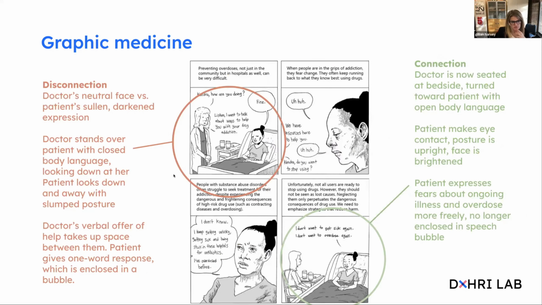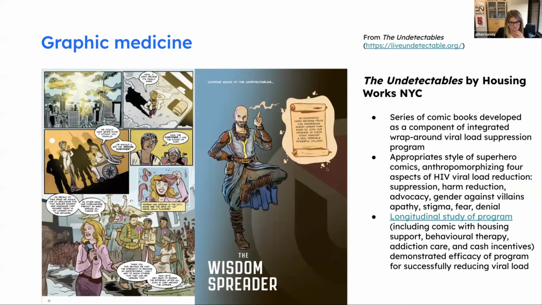Here's just an example of how you can see the disconnection in the first frame, and then a connection that's formed as the doctor and the patient come together in the last frame. We looked at other examples as well, and there's quite a body of work that uses this form of communication.